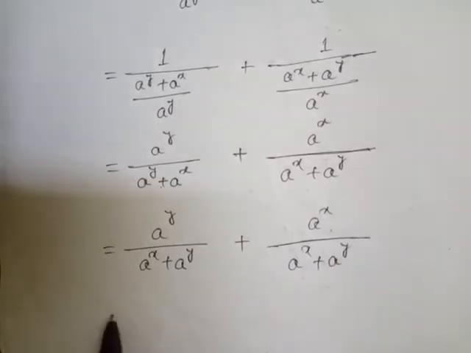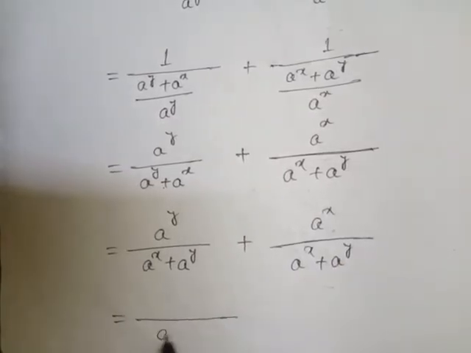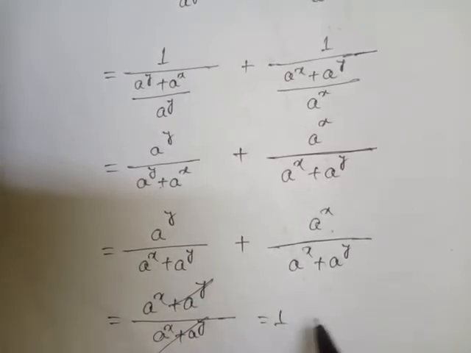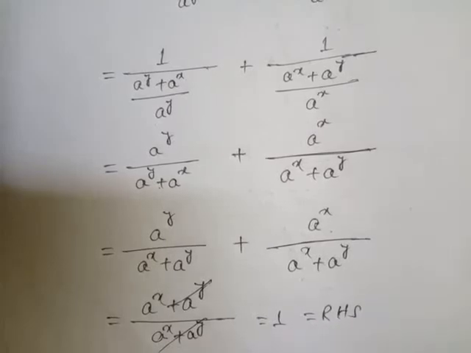Now if I take the LCM here, the LCM is a to the power x plus a to the power y, and the numerator is also a to the power x plus a to the power y. Now go for the cancellation. Answer is 1, which is the RHS.